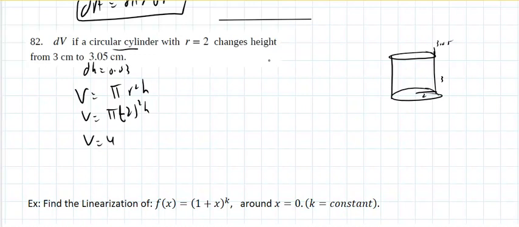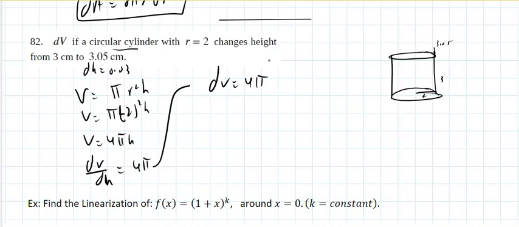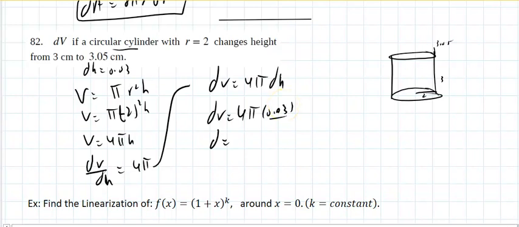So the volume is 4 pi h. dV with respect to h is 4 pi, and dV is roughly 4 pi dh. So the change in volume is roughly 4 pi times 0.03. And isn't that 4 times 0.03? Wouldn't that be 0.12 pi?